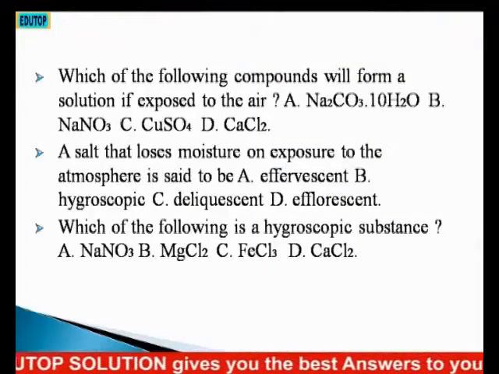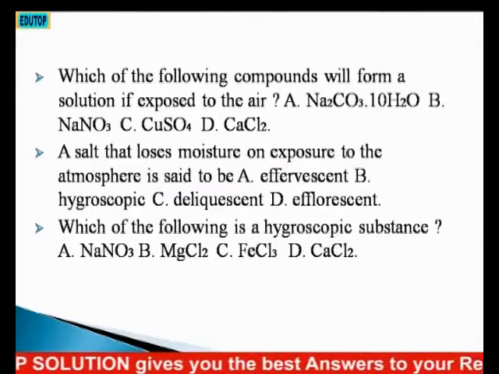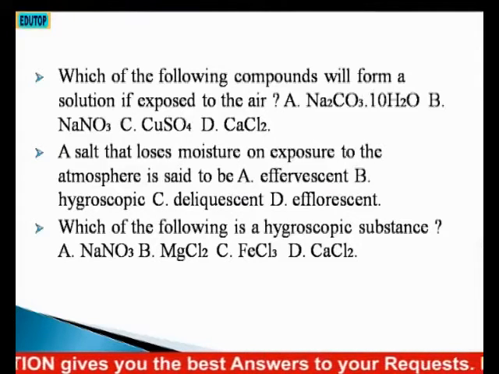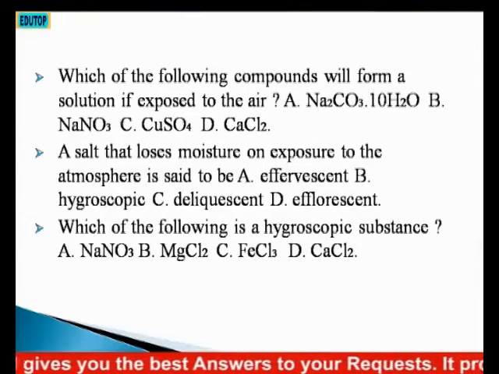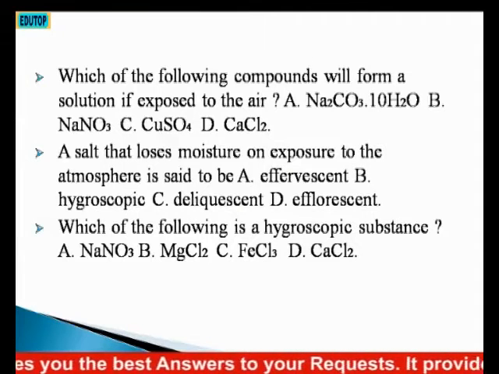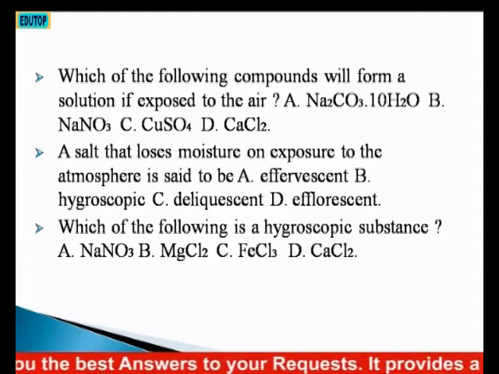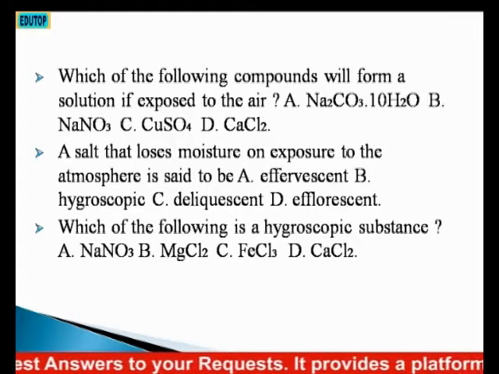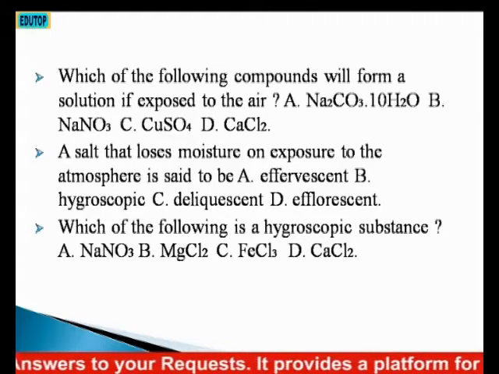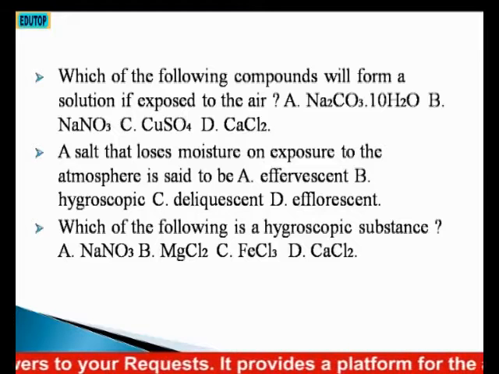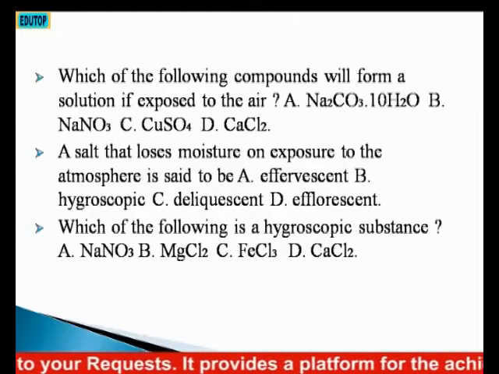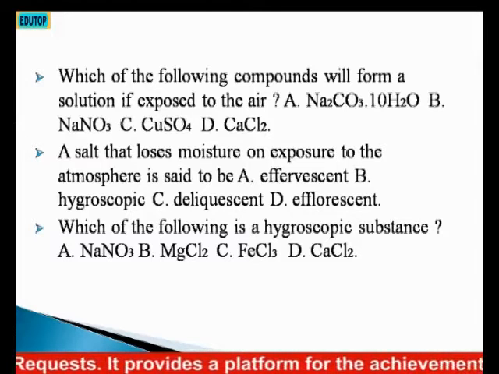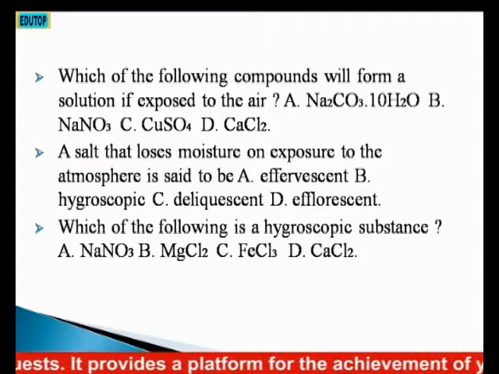Option A, NaNO3, that's sodium nitrate. B, magnesium chloride, no. C, FeCl3, no. D, calcium chloride, no. Calcium chloride is deliquescent. Iron(III) chloride is also deliquescent. Magnesium chloride is never a drying agent. So option A is the correct option here, which is NaNO3. That is sodium nitrate.